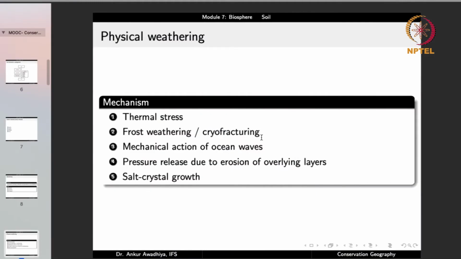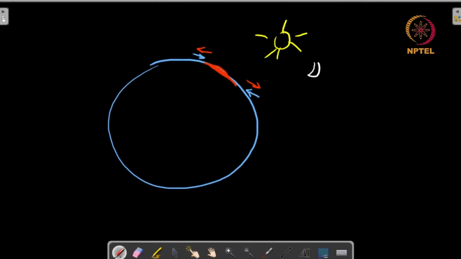Another is frost weathering or cryofracturing, in which case if water enters into the rock, then after a while this water, when it cools, especially in very cold areas, will get converted into ice, and the volume of ice is greater than the volume of water, and so there will be an outward force that gets applied to this area. And when this outward force is applied, then the rock develops cracks.